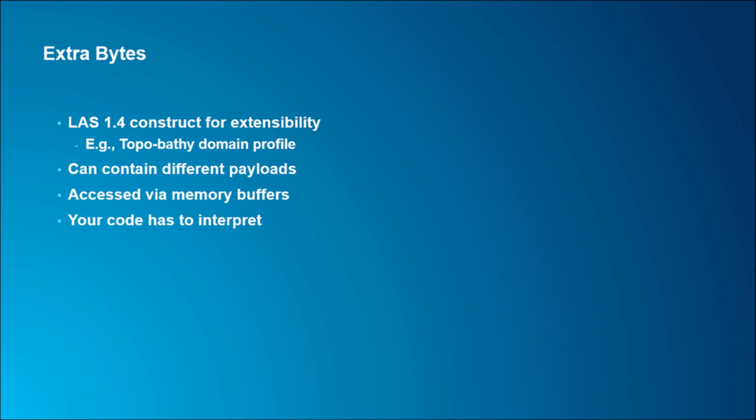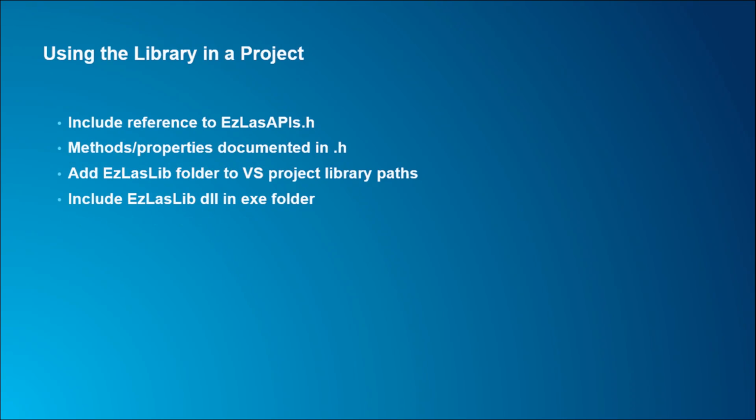The LAS spec really doesn't have specificity regarding what might get placed inside of ExtraBytes. So again, similar to spatial reference, we don't decode the ExtraBytes. That's going to be up to you if you're using that to handle. But we'll give you access via memory buffers to that information.